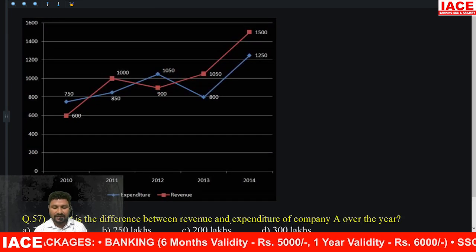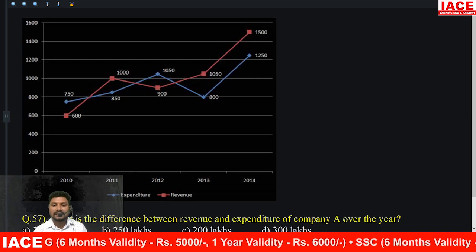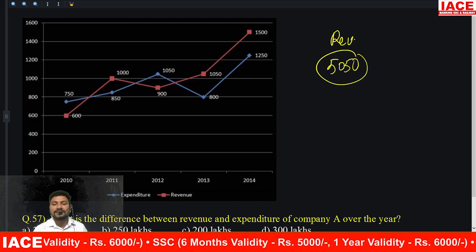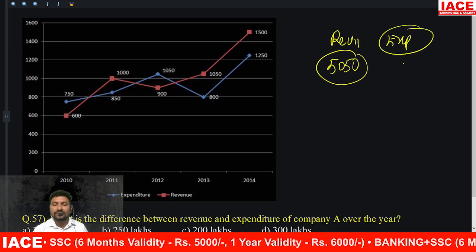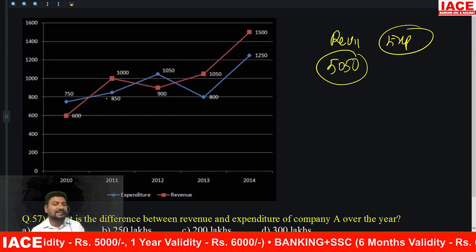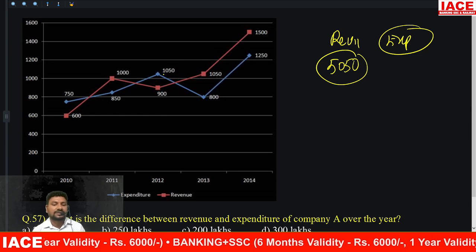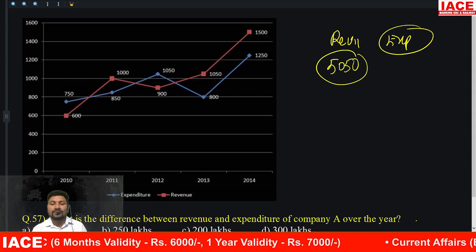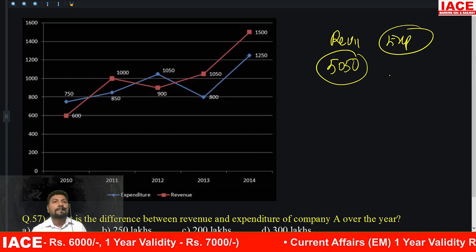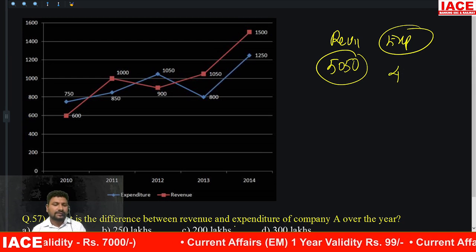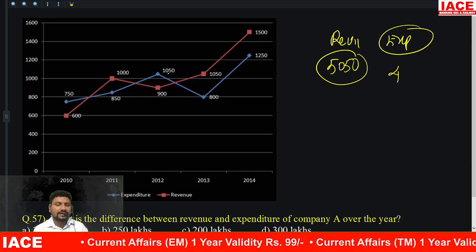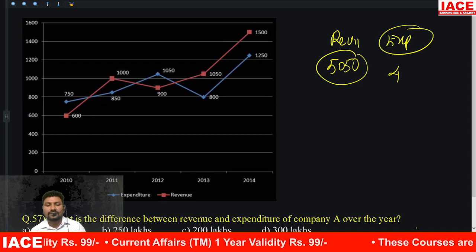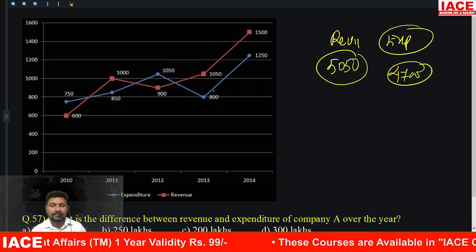What is the difference between revenue and expenditure of company A over the years? Revenue we already got in the previous question. Now we will calculate for expenditure. Total expenditure is how much? 750 plus 850, 1600. 1600 plus 1050, 2650. 2650 plus 2050, it is 4700.